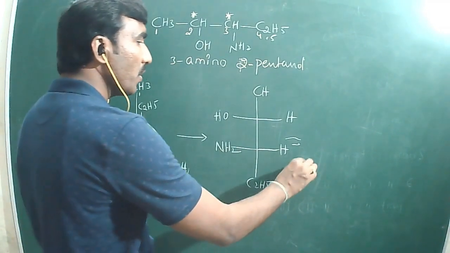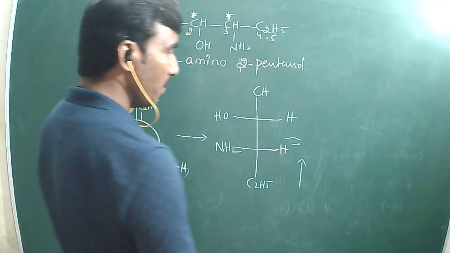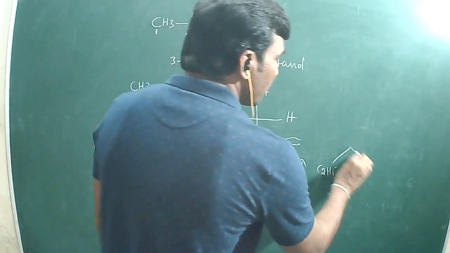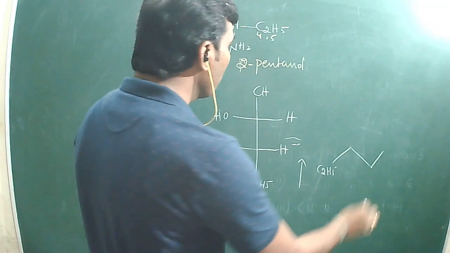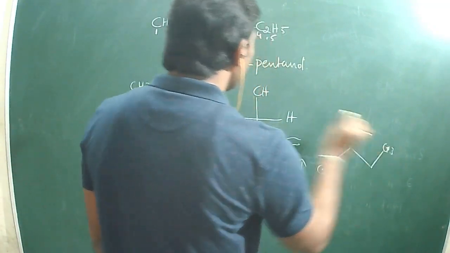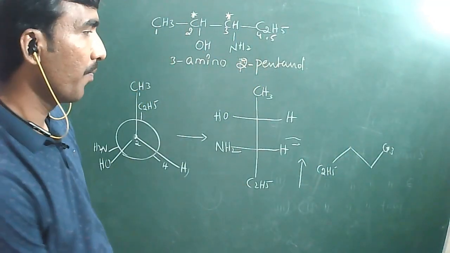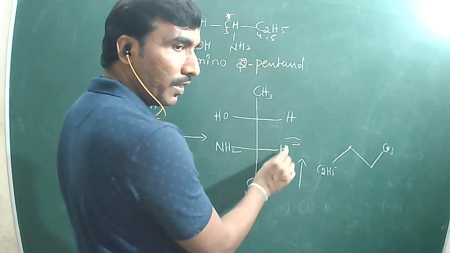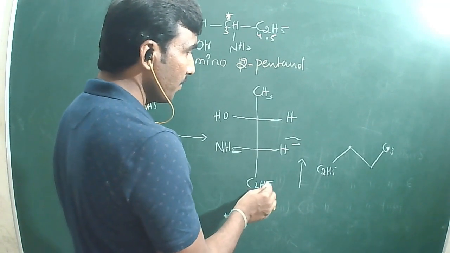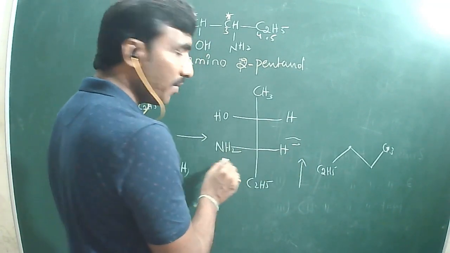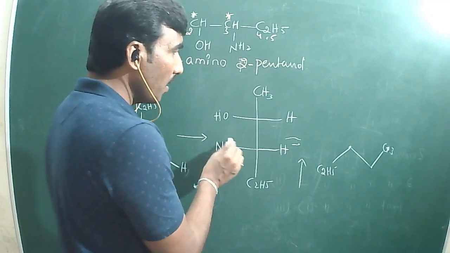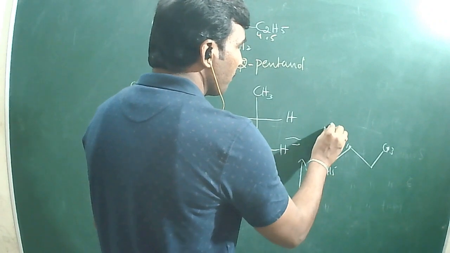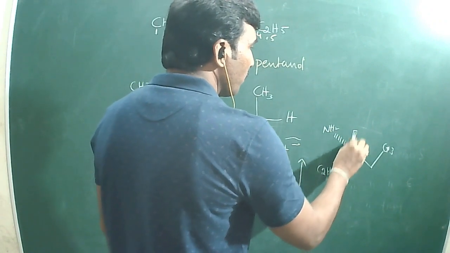Now if you want to convert it into the wedge dash projection formula, I should start my journey in this direction: starting from C2H5, the first chiral center, the second chiral center, and I have reached the final CH3. At the first chiral center, on the right hand side hydrogen, on the left hand side NH2. So here I have to write NH2 with the dotted line, and hydrogen on the dotted line too, because on the left hand side I am writing.